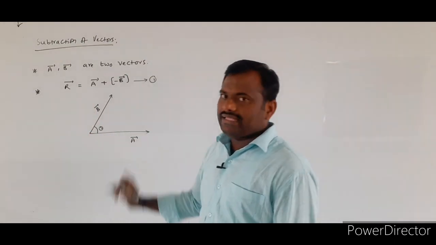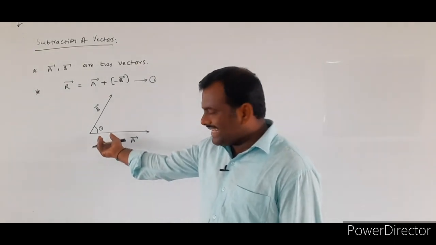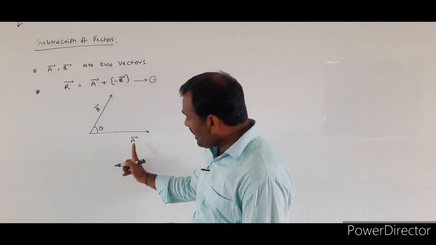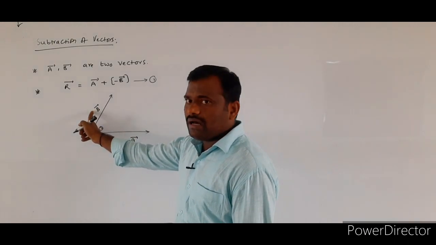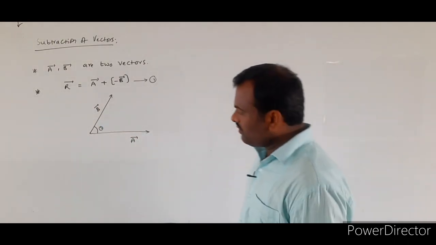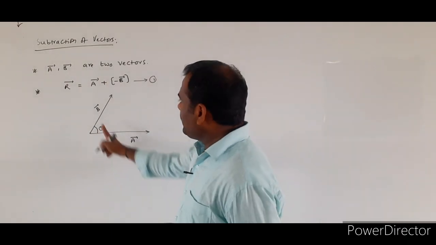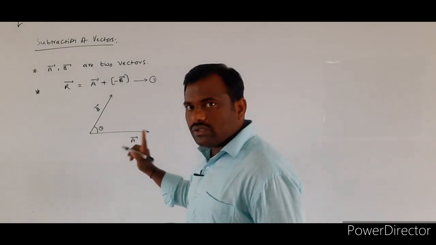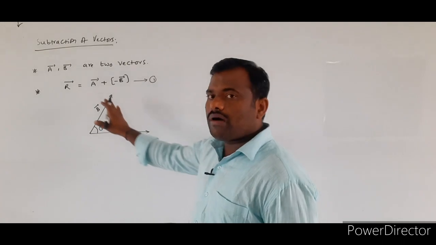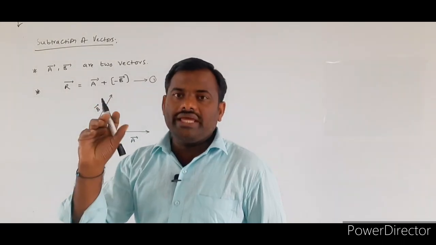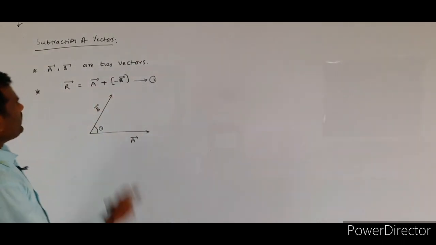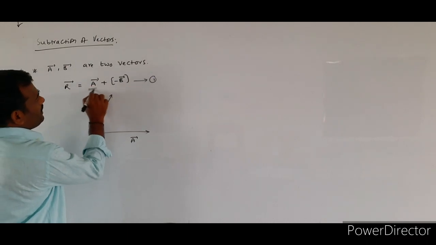Some angle exists between them. By seeing this diagram, can I say vectors A bar, B bar are co-initial vectors? Why? The initial points coincide, so the two given vectors are called co-initial vectors.